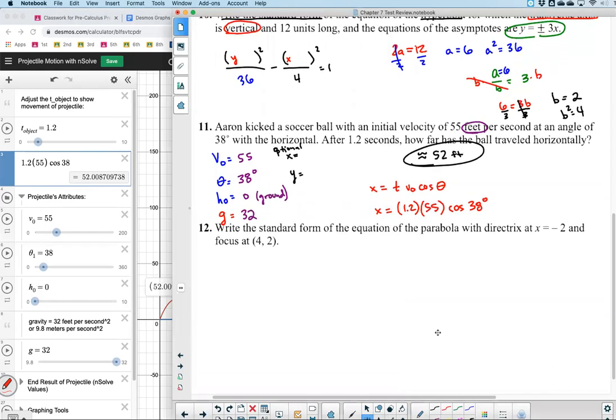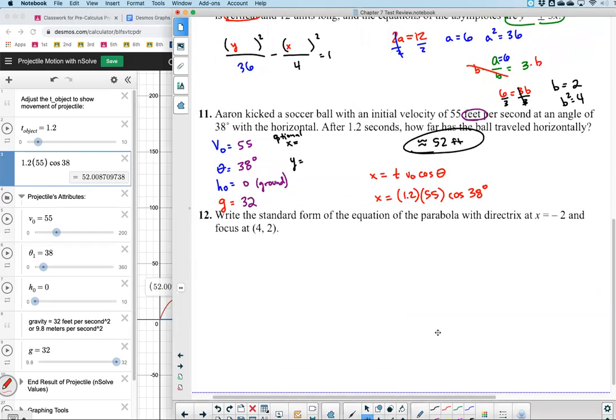Number 12, write a standard form of the equation of a parabola. Okay, so we're writing an equation of a parabola. So that's where you have a parenthesis squared equals 4p times another parenthesis. Again, that's on the formula chart. We've gone there a number of times.